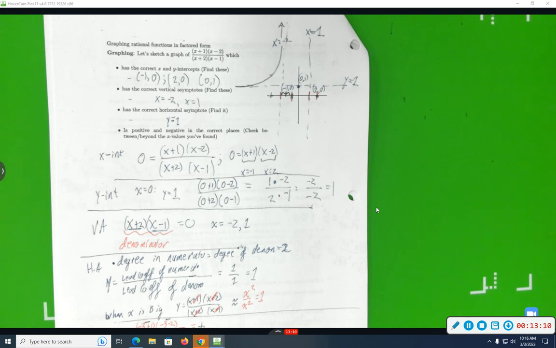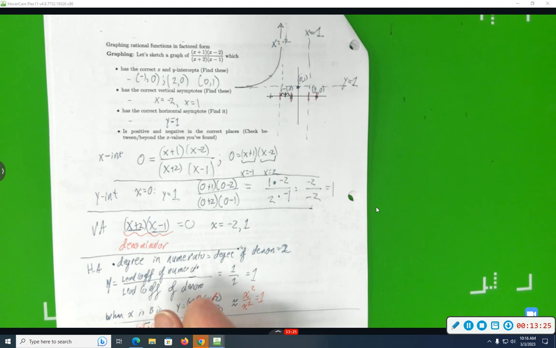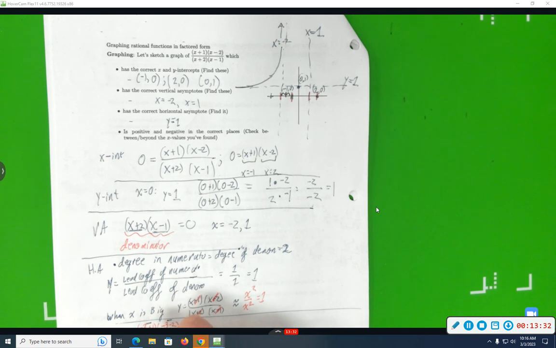So you could now plug in negative 1.5, whatever you want, but let's actually do it. Let's plug in x equals negative 1.5 and play the same game. Negative 1.5 plus 1, negative 1.5 minus 2, negative 1.5 plus 2, negative 1.5 minus 1.